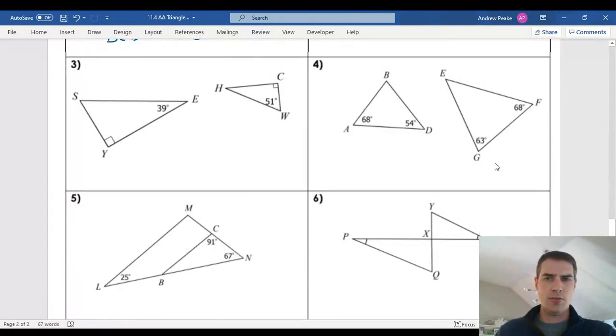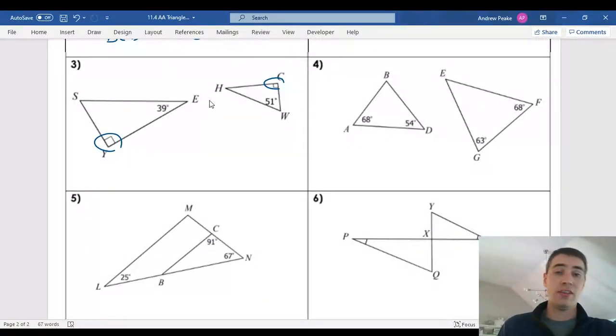All right, looking at number three, we have 39 and 90 over here, and then we have 51 and 90. So I definitely got the 90, and the 90 is the same. I need to figure out on one of these triangles if the other one is going to be either 39 or 51. So let's figure out 180 minus 90 minus 31.